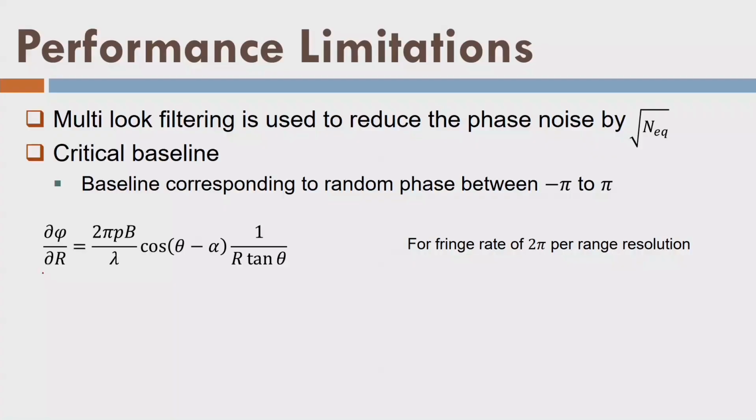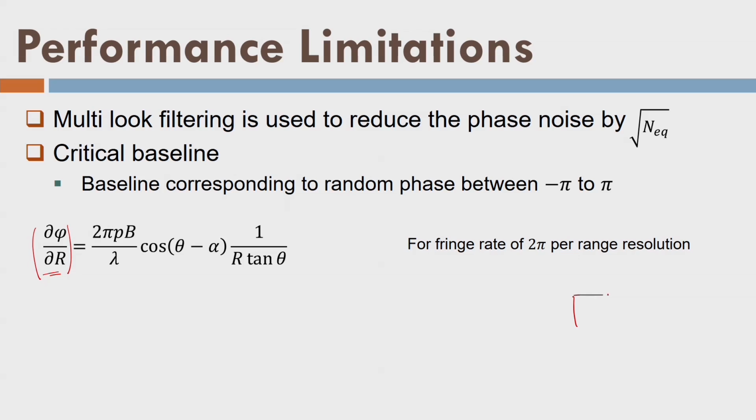So let us define fringe rate. What should be the rate of change of phase angle with respect to the range, such that it creates a phase angle of 2 pi? What I am saying is, if there is a range resolution, and over this resolution the phase changes by 2 pi, which is a 2 pi minus 0 difference, that is the best possible range for which I will have maximum change in the phase.